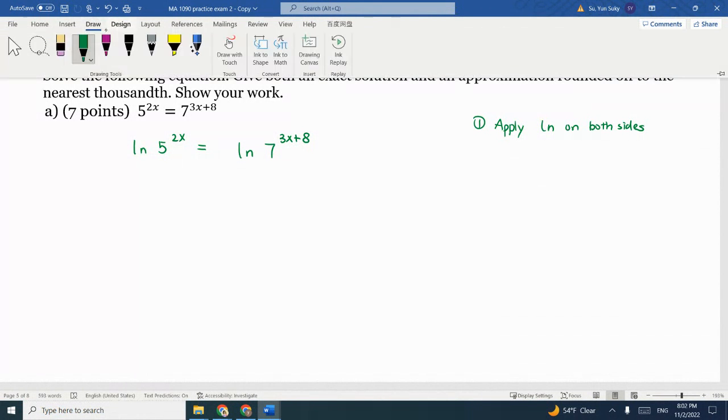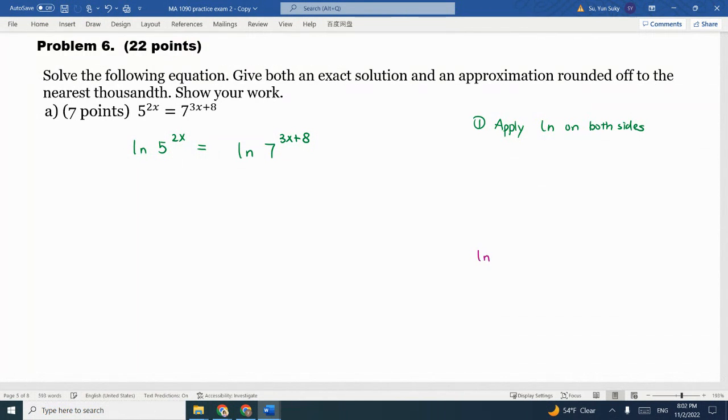And then using the properties of ln. So what are the properties of ln? ln of p plus ln of q is ln of p times q. So we can combine the sum into a product inside the ln.